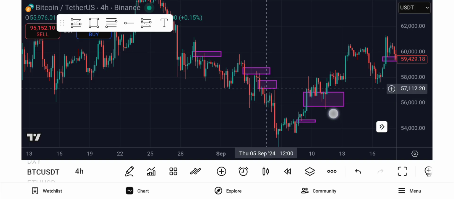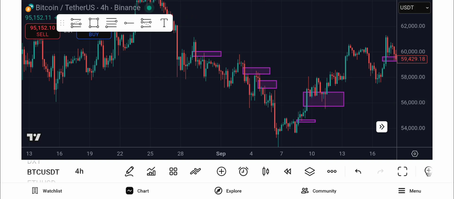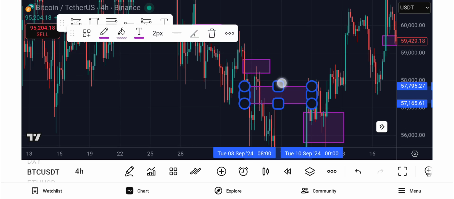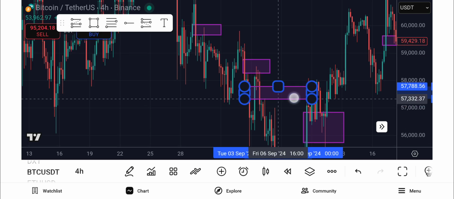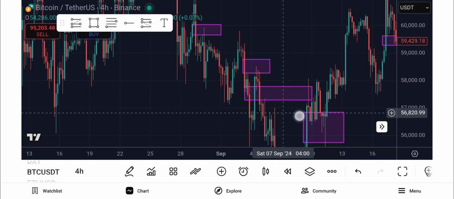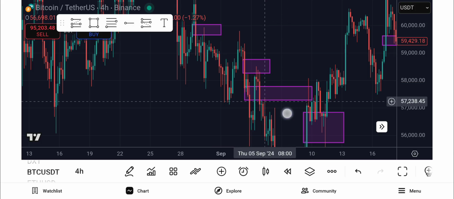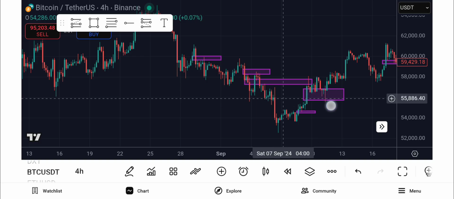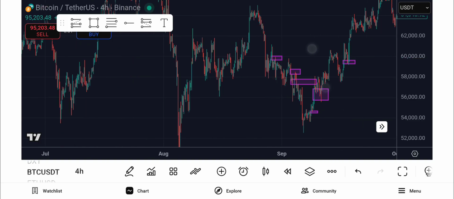Why? Price went back up here. Actually, no. Let's see. Okay, so would you use this? Yes, because look, this little wick, the fifth candle, went into it, and it dropped. So that's how you identify fair value gaps.